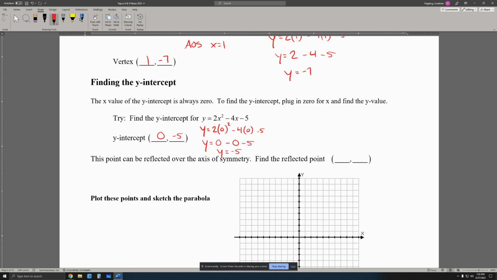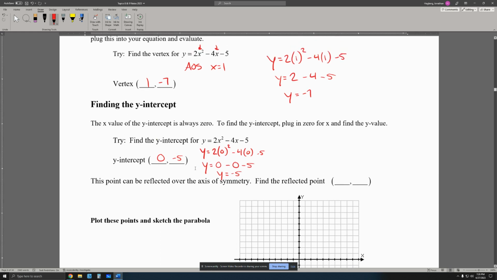This point can be reflected over the axis of symmetry. I notice that 0, negative 5 is just to the left of our vertex, 1, negative 7. So therefore, the reflected point is going to be just on the other side of that. So our reflected point is going to be 2, negative 5.